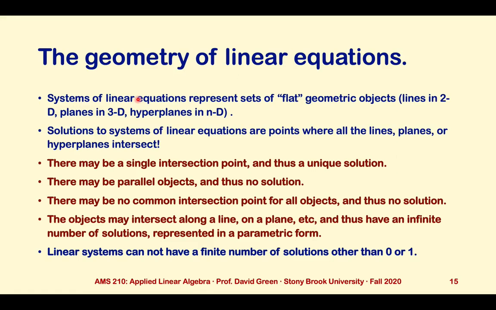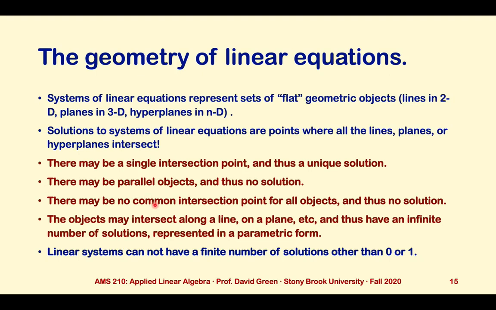Now, here is one of the very essential lessons that we can glean from those examples. Linear systems may have a single intersection point and therefore a unique solution. This is something that often happens. We may have lines or planes that are parallel, and if there are parallel planes or parallel lines, there can be no solution.